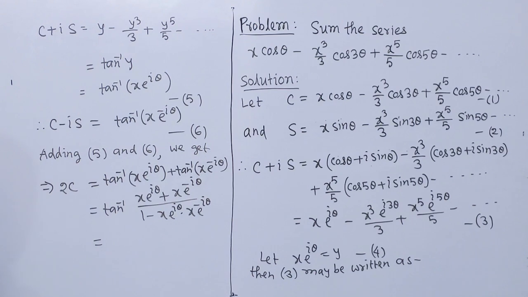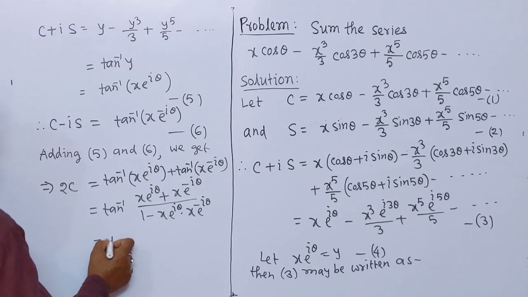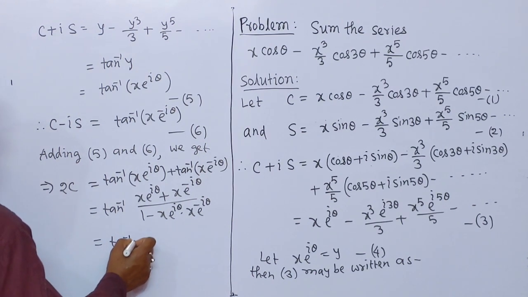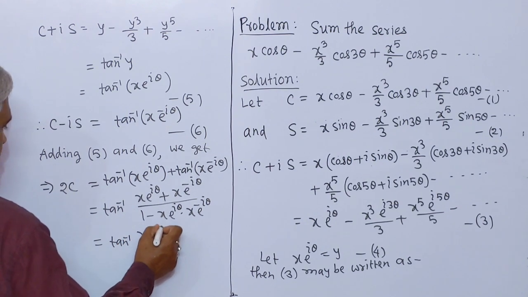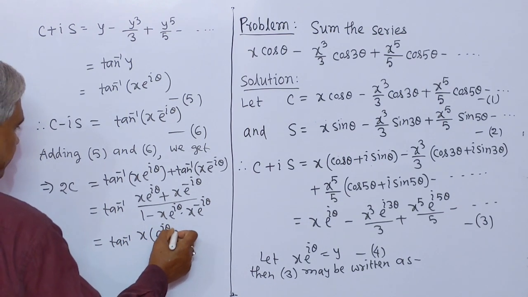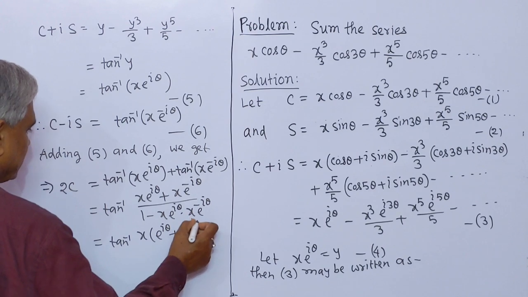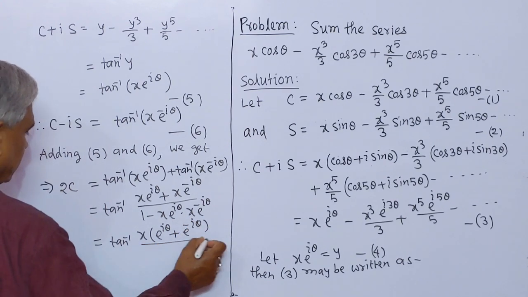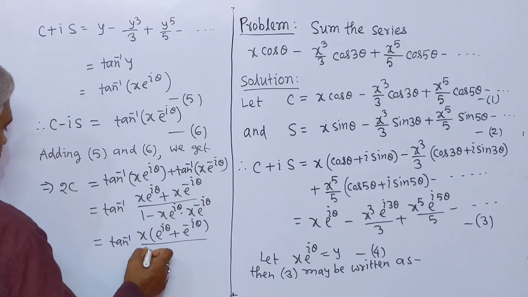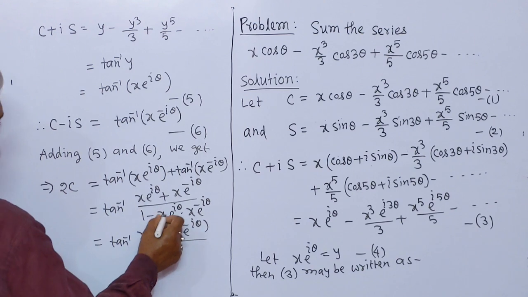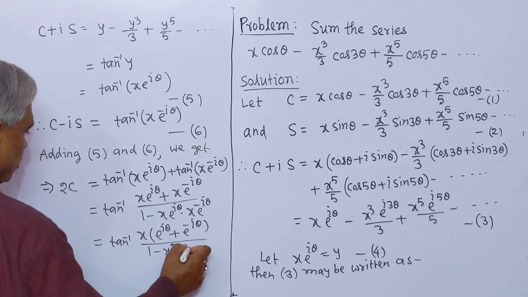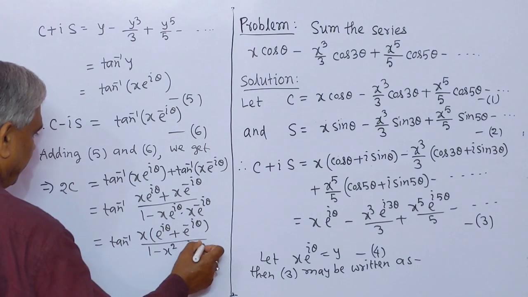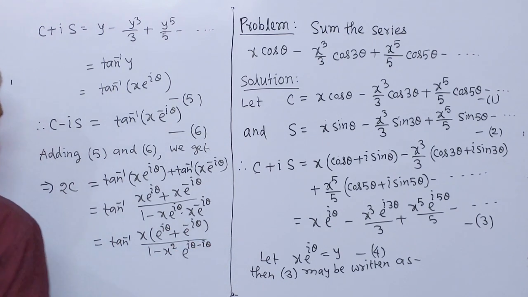This is equal to tan inverse, we take x common, here x times e to the power i theta plus e to the power minus i theta, by 1 minus x square e to the power i theta minus i theta.